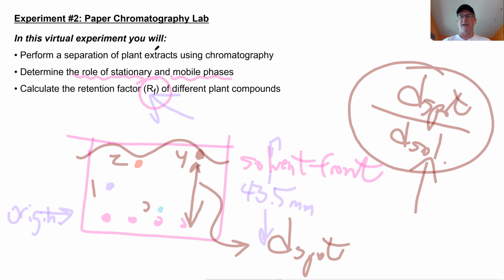So is this an intrinsic or extrinsic property of the compounds in the spot? What do we think? Intrinsic or extrinsic property?